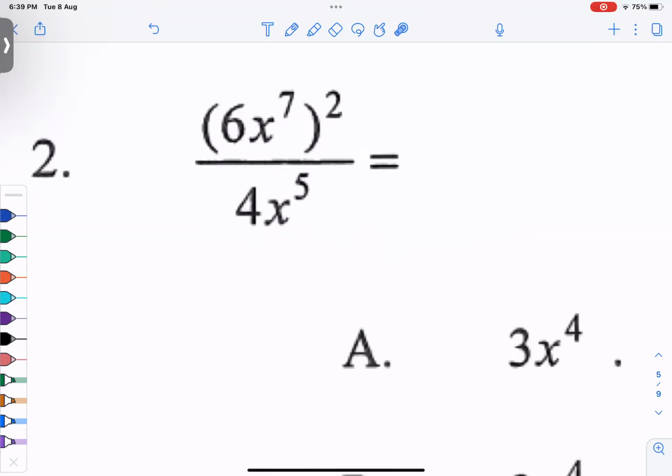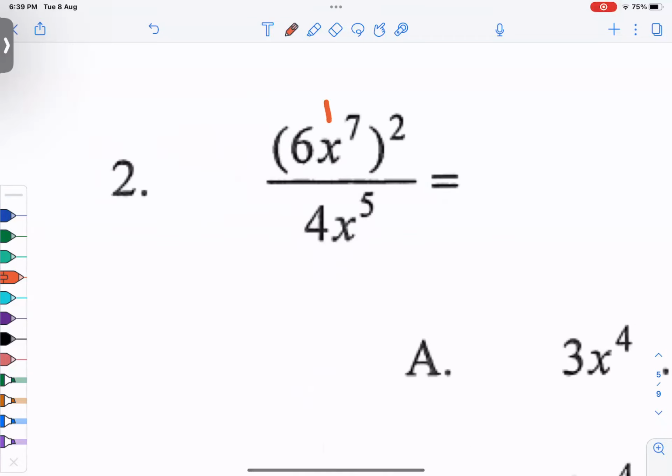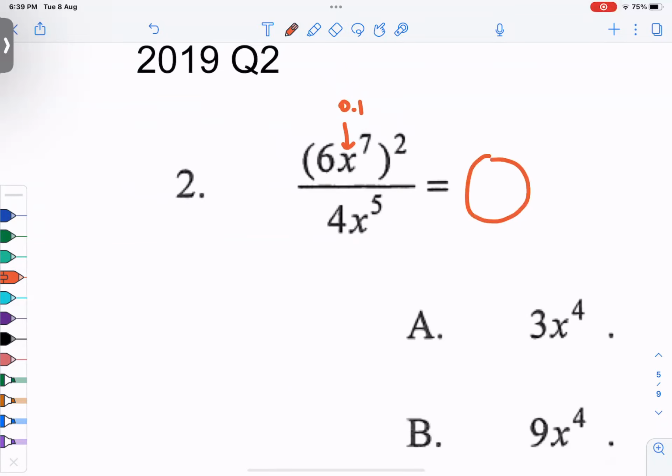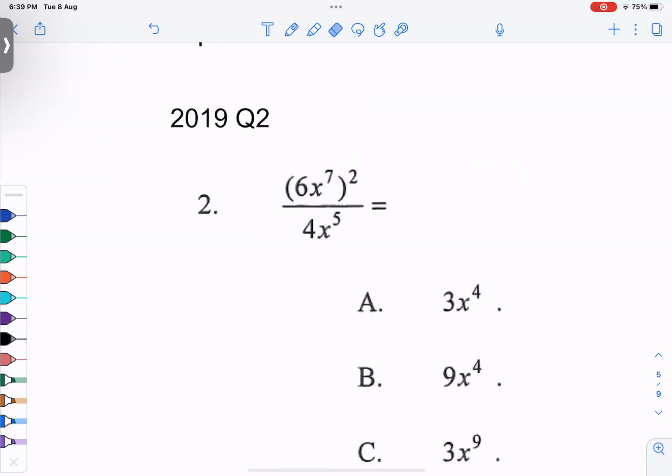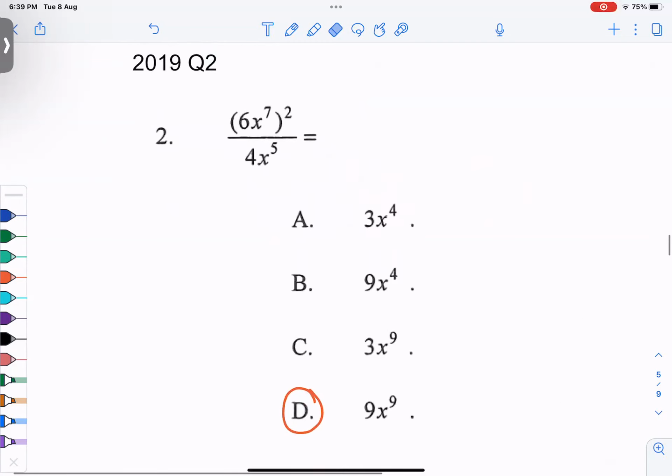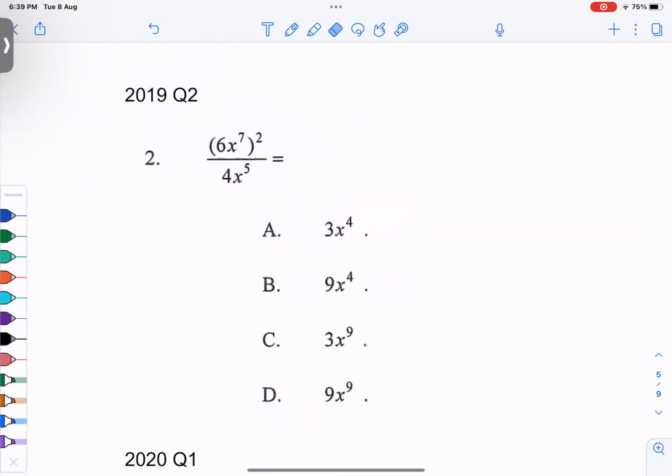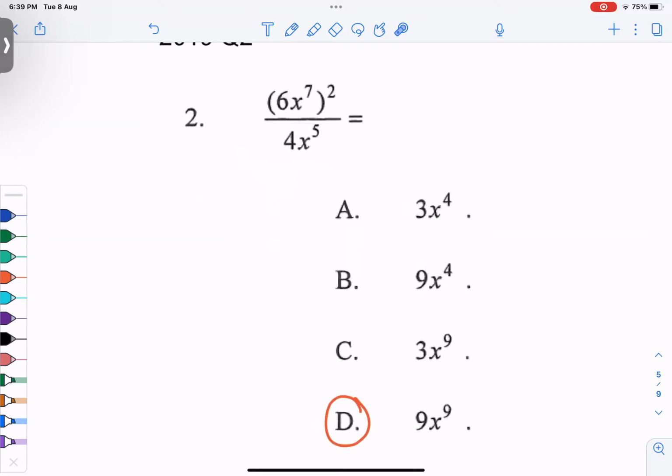Because some schools teach by letting x be 0.1 or something, and then find out the value and match the answers. No, we didn't learn this method. That, yeah, this one is better because for long questions, it's also the same thing.